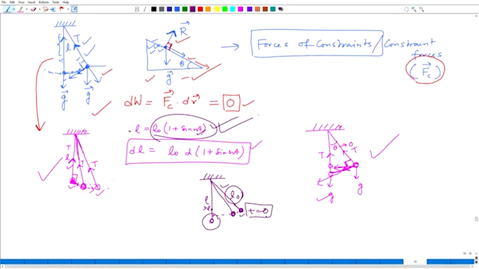And then I can say that if I compare the positions here and here, they will be on the arc of a circle, and in both cases the tension forces will always act along the radial direction along the string.